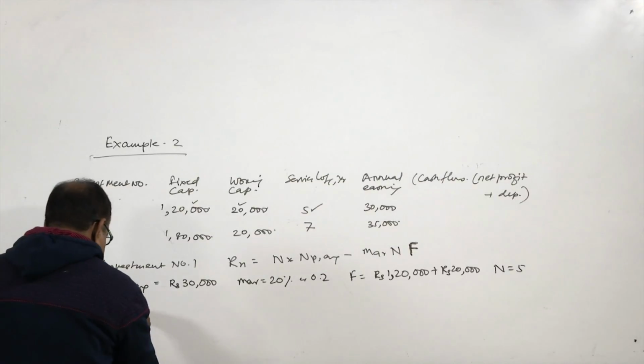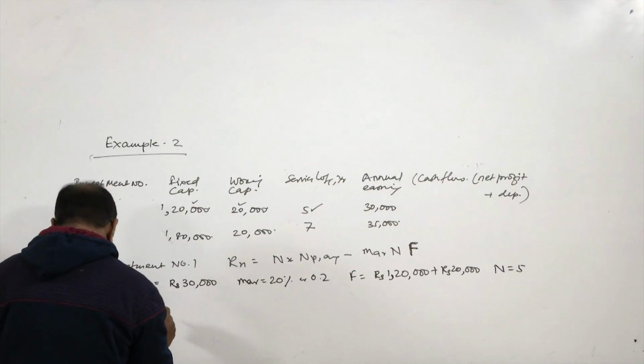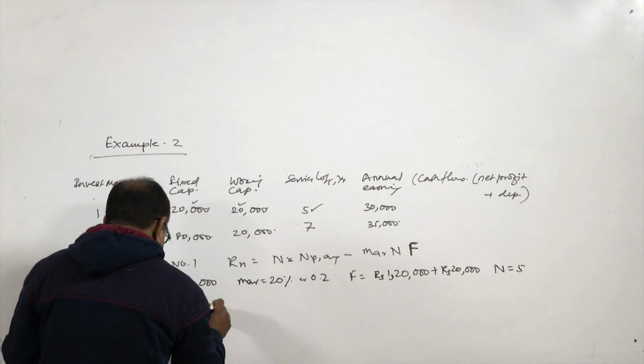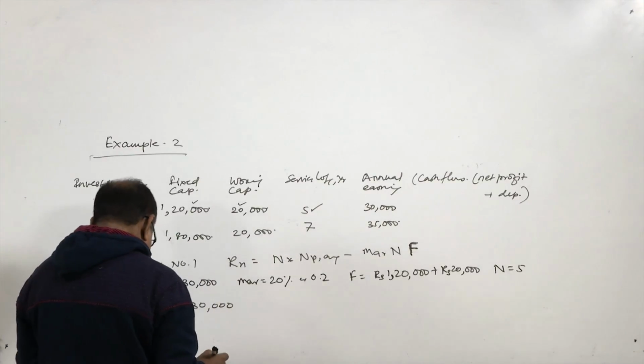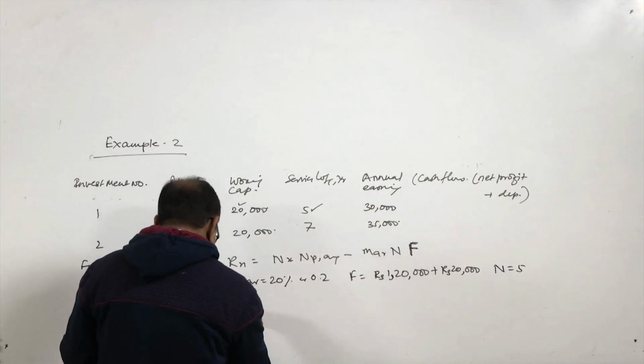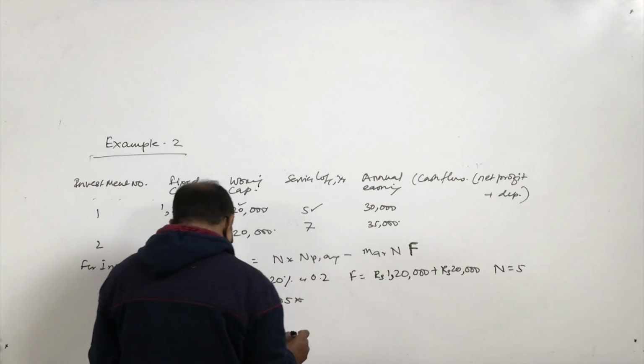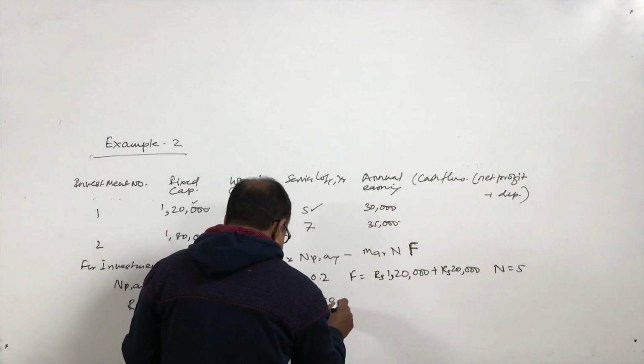Now, Rn is equal to 5 into 30,000 minus 0.2 into 5 into 1,40,000.